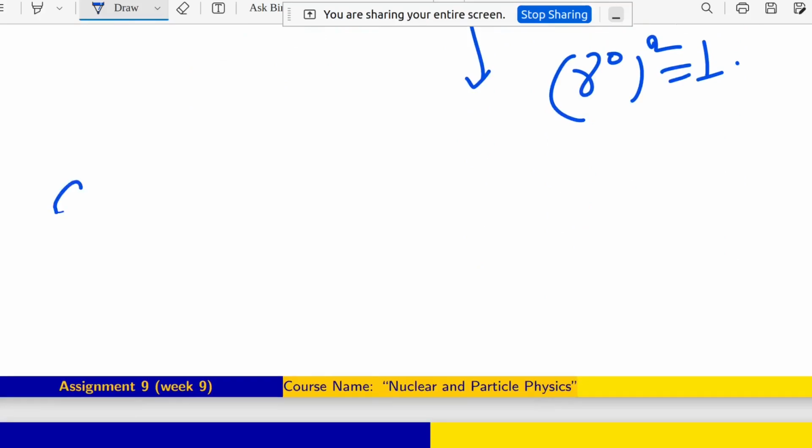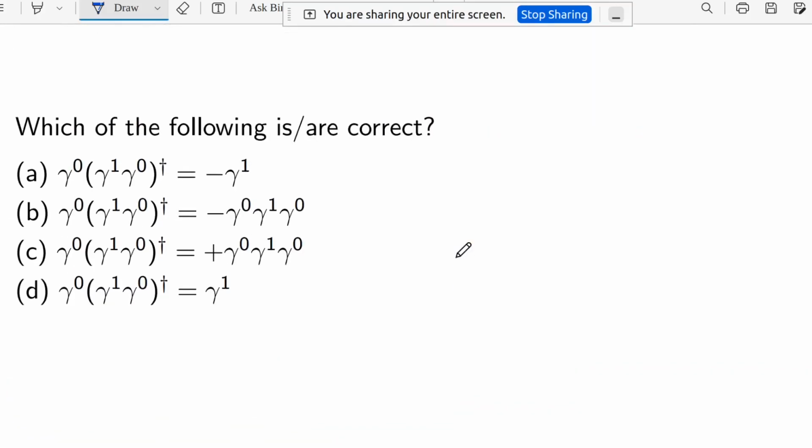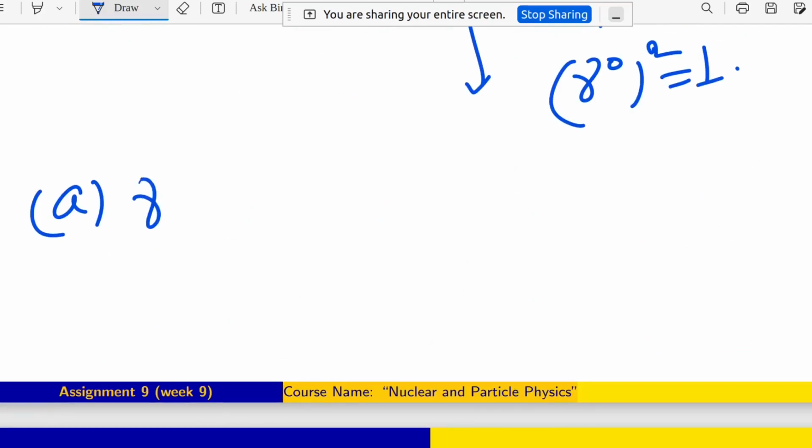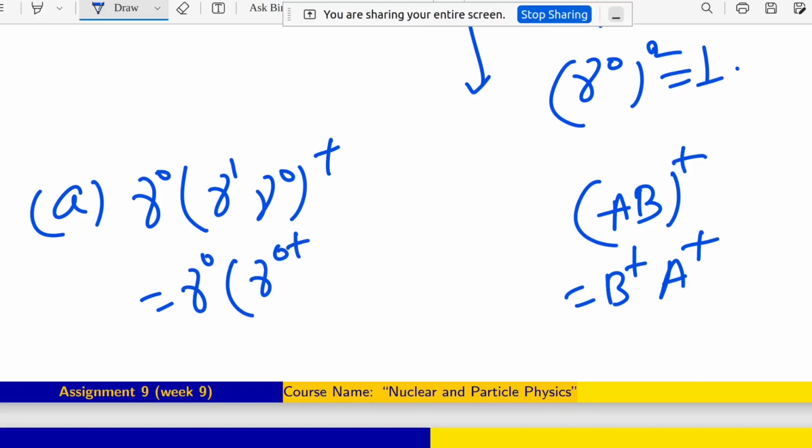So the first option is (gamma 0 gamma 1 gamma 0) whole dagger. Now you can see that one more property I am going to use: (AB) dagger is B dagger A dagger. So if I write here gamma 0 dagger, gamma 1 dagger.